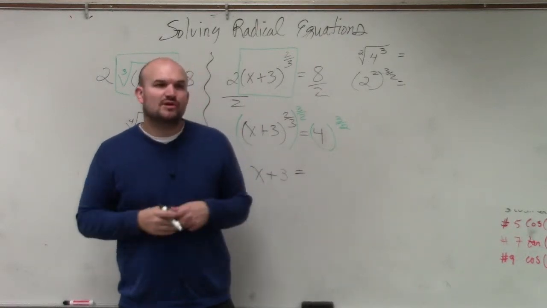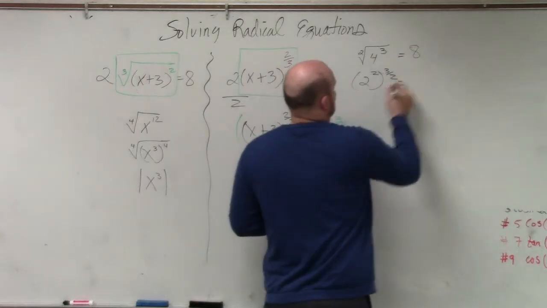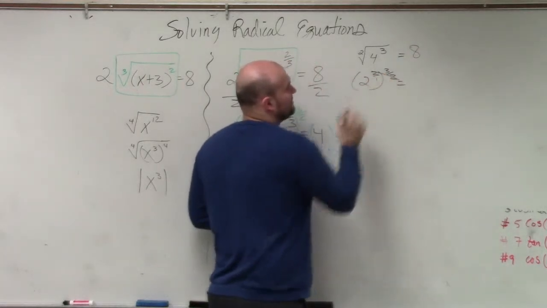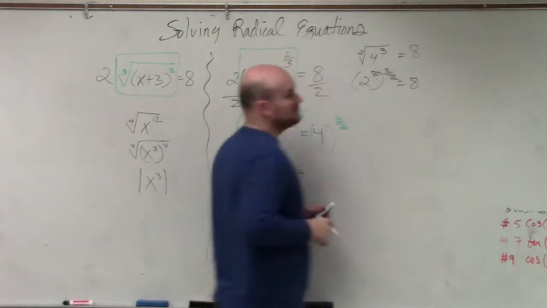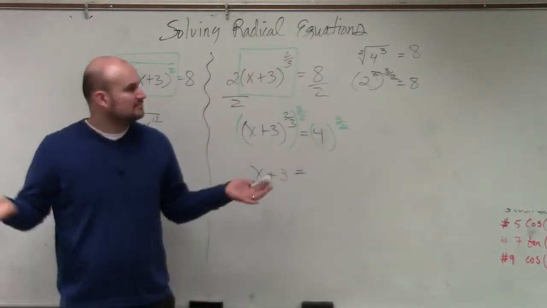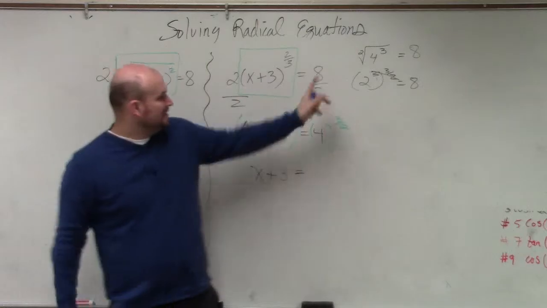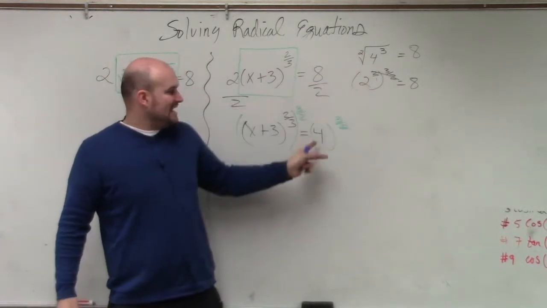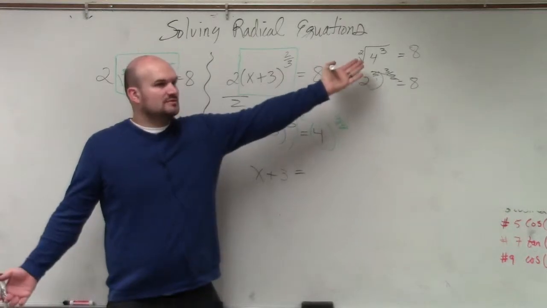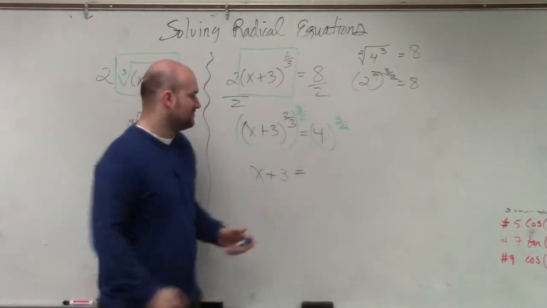What's the square root of 64? 8. Here, the 2's divide out. What's 2 to the 3rd power? 2 times 2 times 2 is 8. So 2 different ways to think about it. You could either convert it to a radical, or you could rewrite your base as an exponent and then use the power rule. Either way, you get 8.